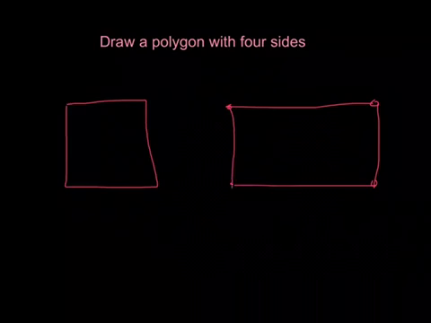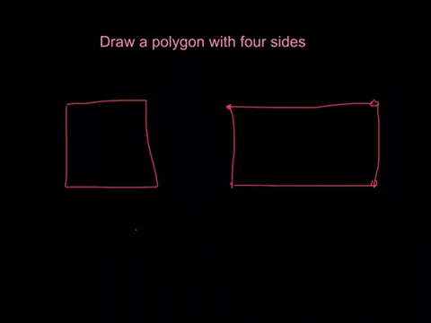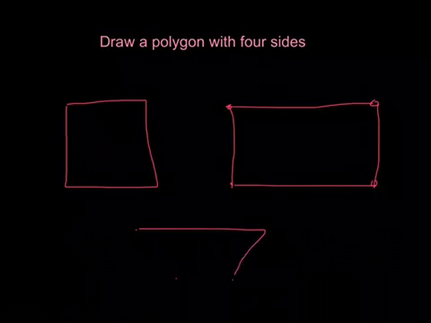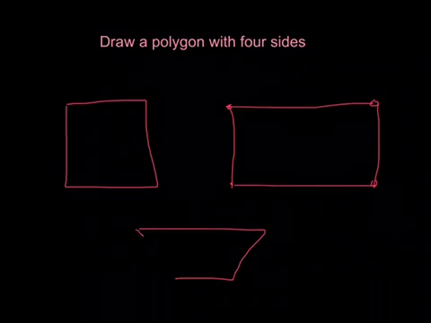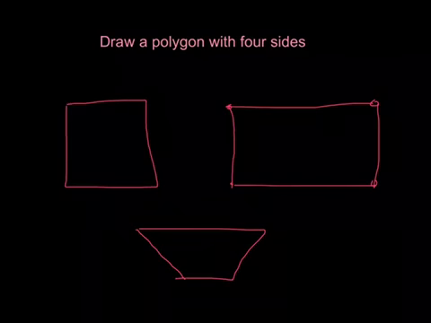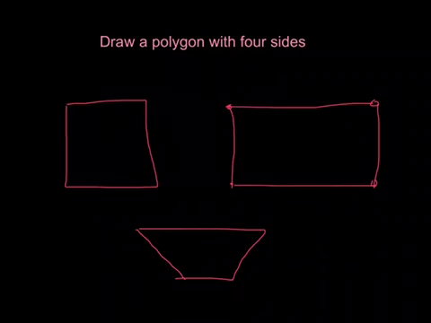Could also have looked like this. What do we call this polygon? We call that a rectangle. It might also have looked something like this. We're going to go deep into types of polygons with 4 sides.